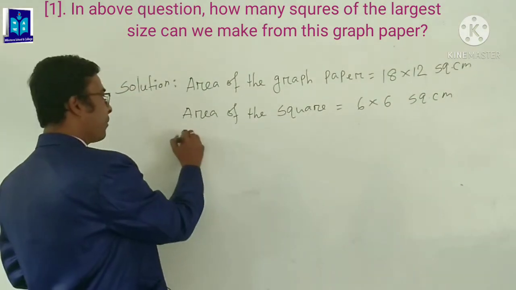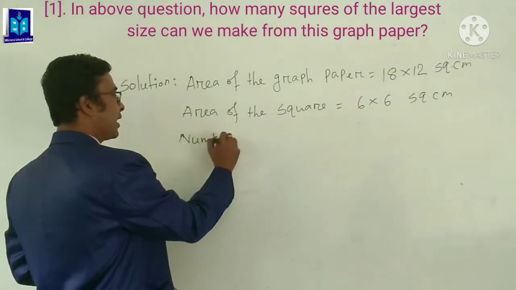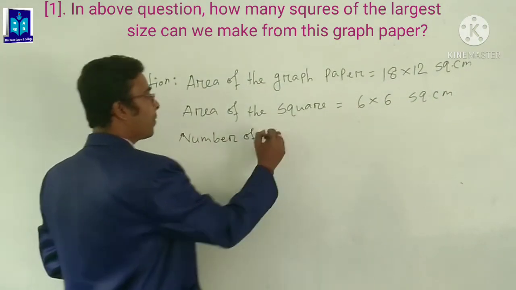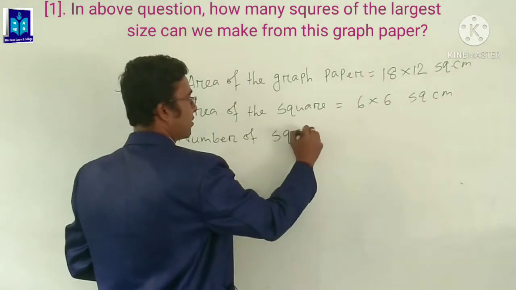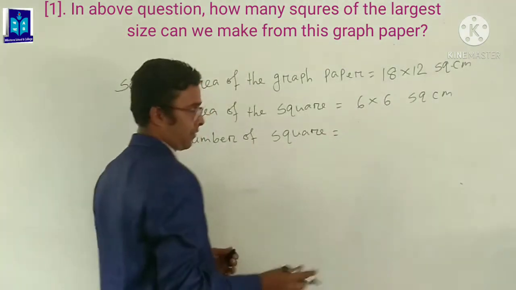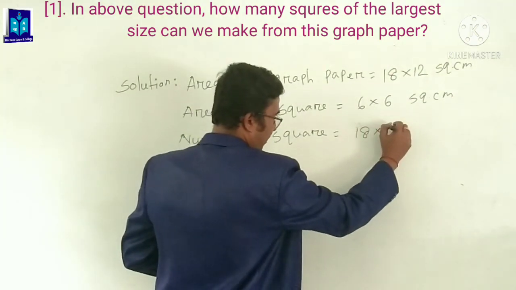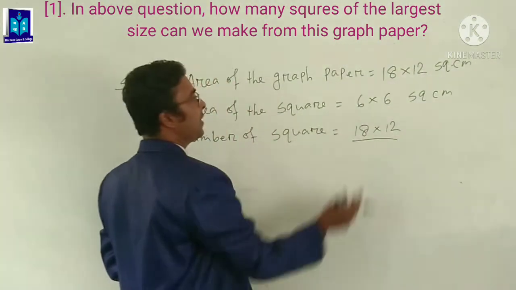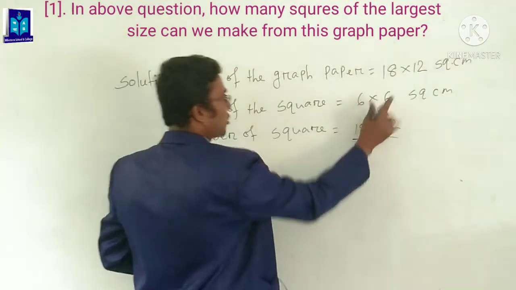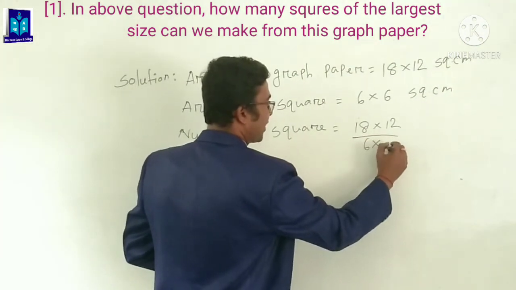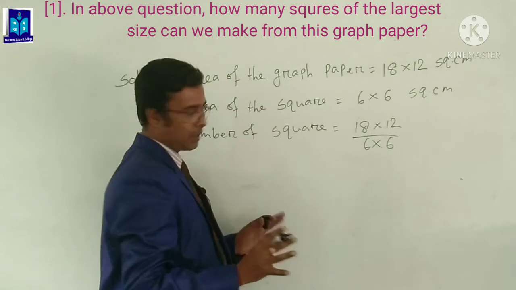Now the number of squares will be what? Area of this graph paper, 18 multiply 12, divided by the area of this square, that means 6 multiply 6.